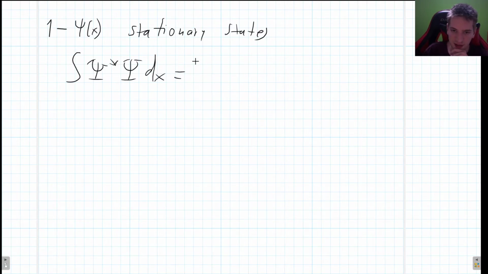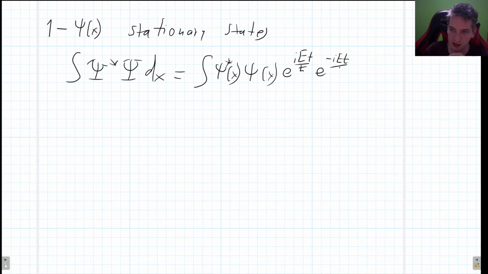What you get here is some small psi conjugate times psi of x, and you're going to have e to the plus i E t over h bar, and then e to the minus i E t over h bar. So these two are just going to cancel out. The temporal part cancels out.